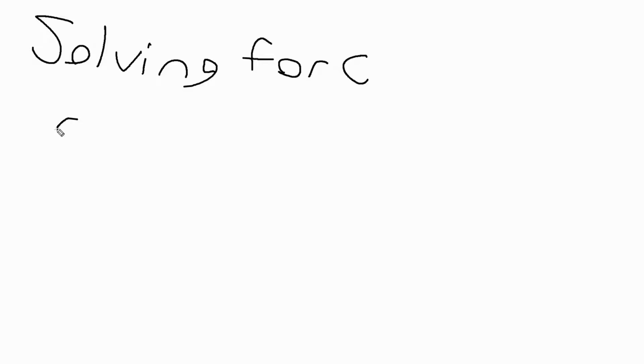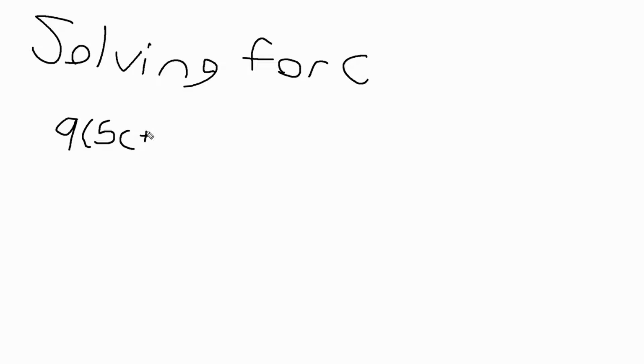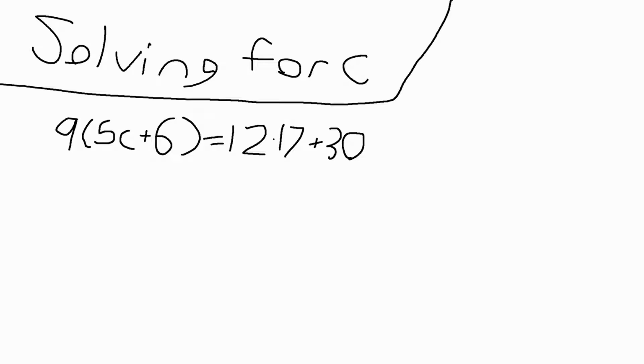So our equation is going to be 9(5c plus 6) equals 12 times 17 plus 30. Now you guys are going to be pausing the video and unpausing the video when you are done. So start working.